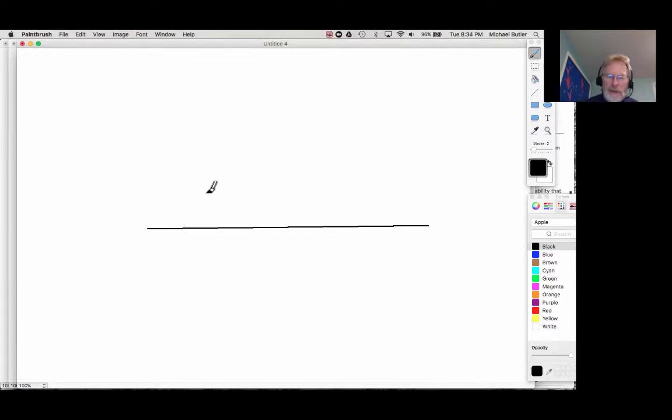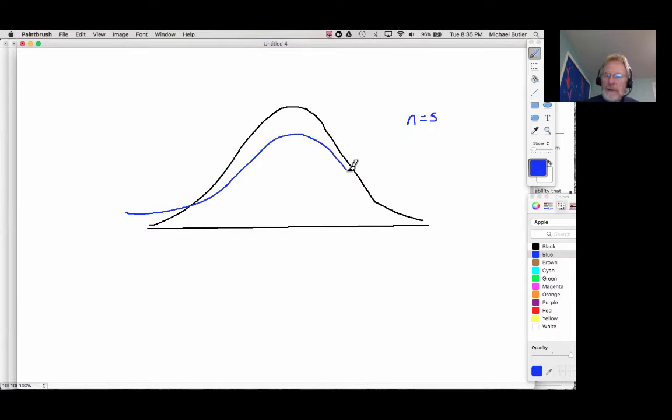So if the black curve right here is the standard normal, right? Yes. Say I've only got a sample size of 5, and I drew the corresponding t distribution, it would look something like that. It would be squatter. It'd be like somebody sat on a standard normal and squished it, okay? And what that means is there's more probability possible out here on the tails.